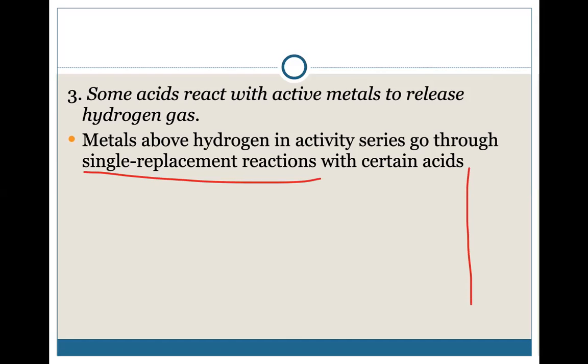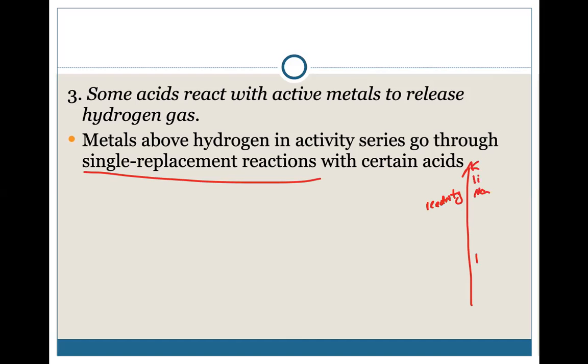The activity series is a list of metals and reactivity. So you've got like lithium, potassium. Actually, it should be, yeah, lithium, and then I think sodium and potassium, or the other way around, potassium's at the top. I can't remember.